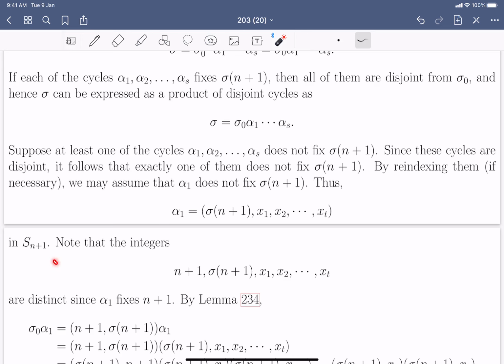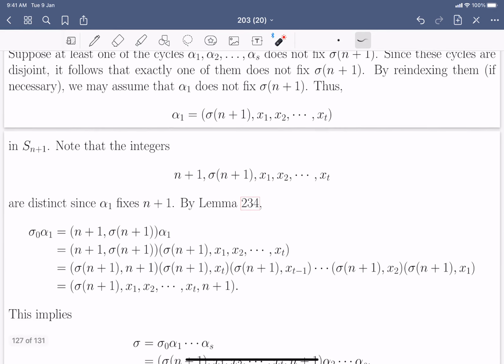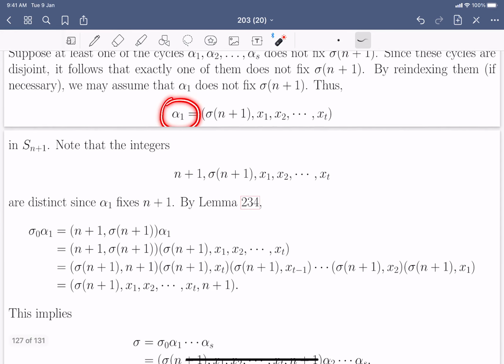So now we note that these integers, n plus 1 and then sigma n, this list of integers appended with n plus 1, all these integers are distinct. Why is that the case? Because the permutation alpha 1 that you started with fixes n plus 1.